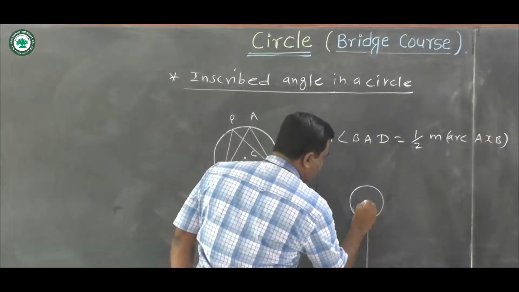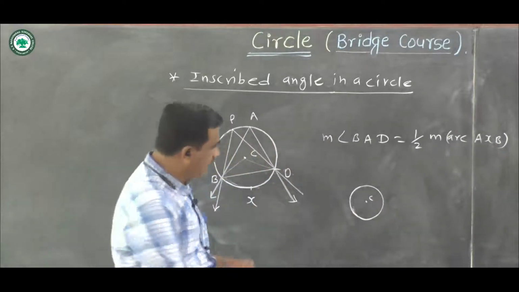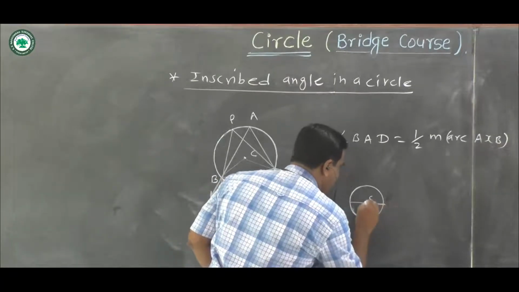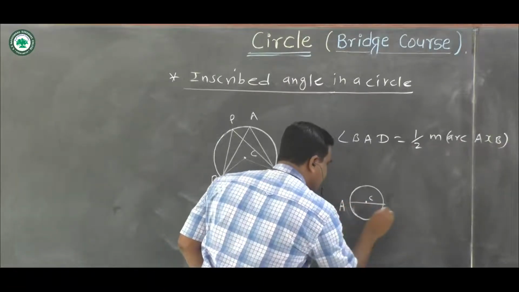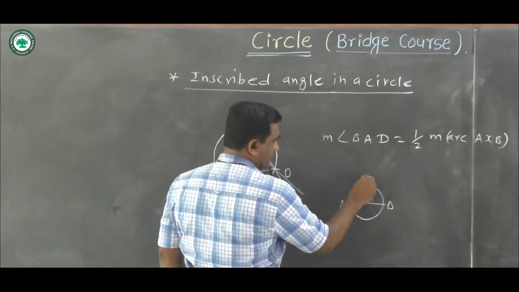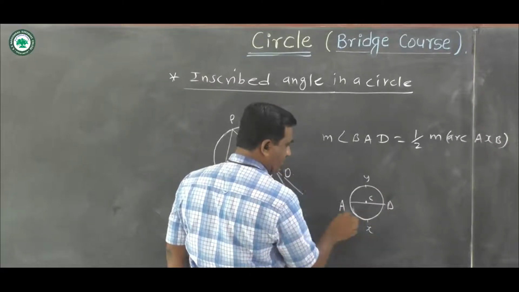Now this is a circle with center C, and if we draw this diameter AD, now this is the semicircle AYD, and AXD is also a semicircle.